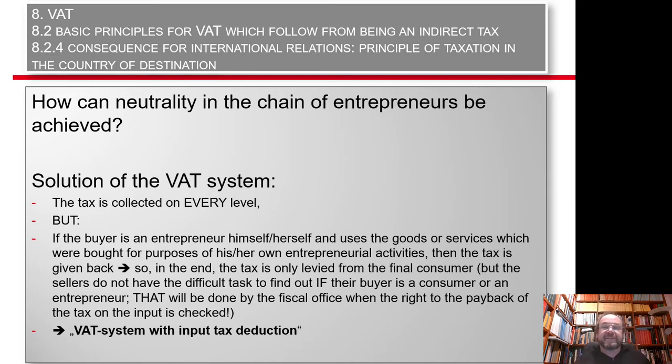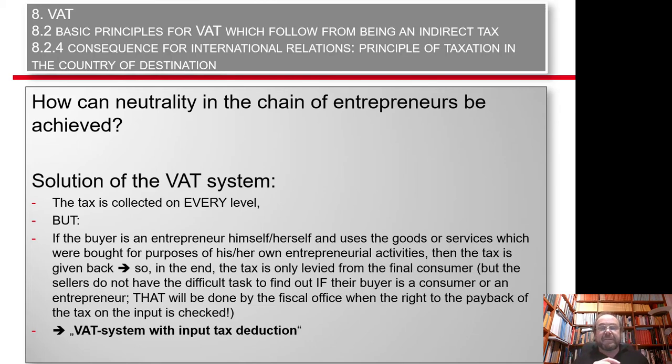The fiscal office can make an inspection, review the customer's bookkeeping, and find out if that customer really is a business owner, if that customer really used the paper for business purposes or for private purposes, and so on. And that's exactly the idea. The business owner always charges VAT on the price.